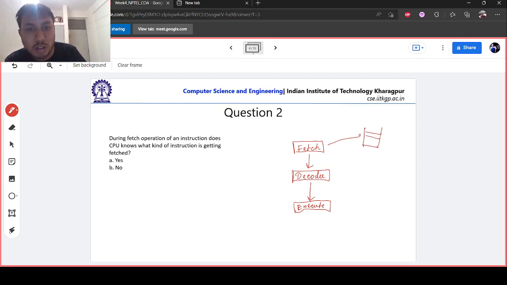During decode, we find out what the instruction is that has been fetched from the memory, the type of instruction, and then we execute the instruction.